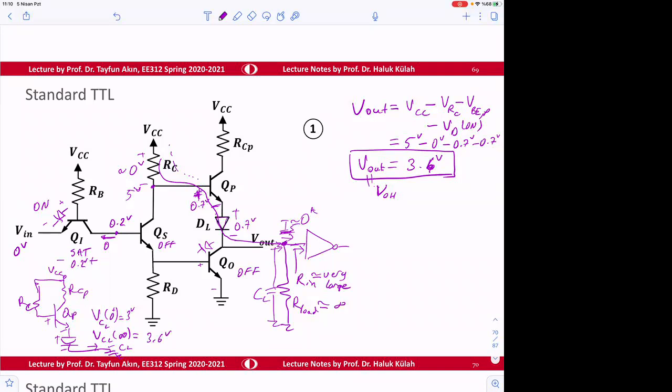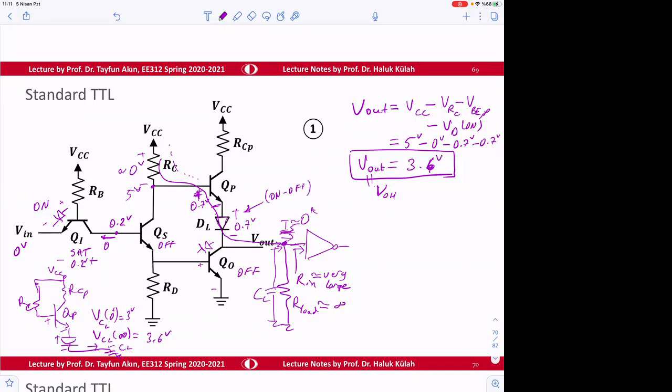So another way of seeing this. At that critical point here, this is going to be on or off.